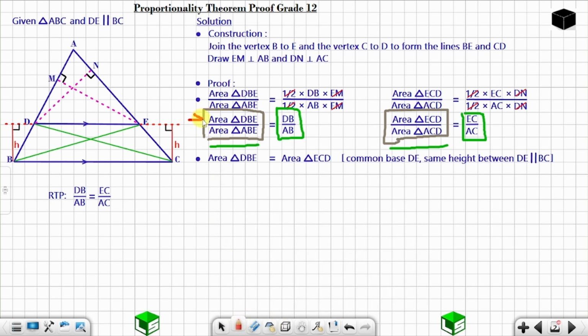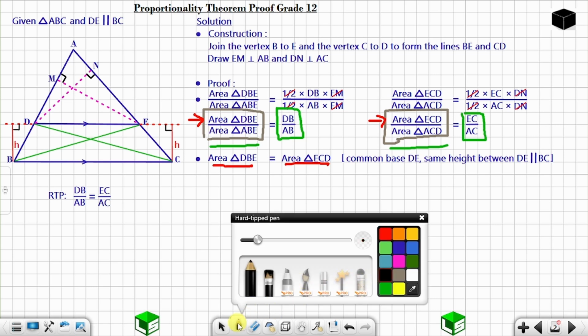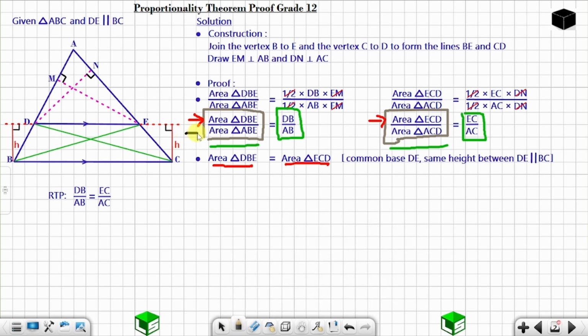The numerator is already proven. Now you need to check the denominator.